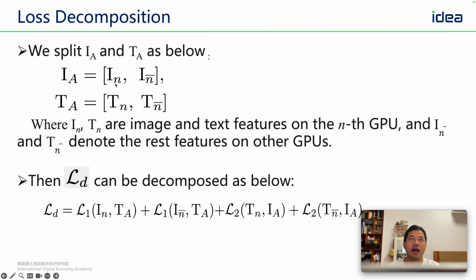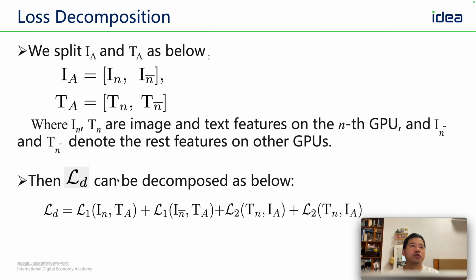IA equals I_n and I_n inverse, TA equals T_n and T_n inverse. I_n means the features in the current GPU, the nth GPU, and I_n inverse means the rest of the features in other GPUs. To calculate L_D, it can be decomposed as below.